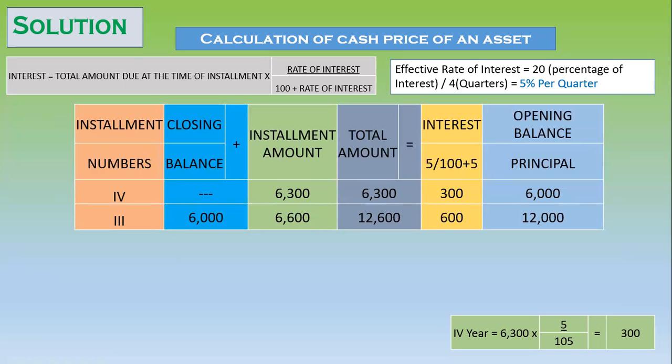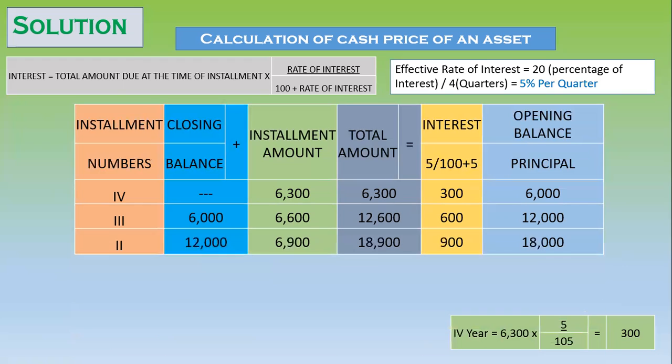Now for the third quarter, the closing balance is 6,000 and the installment paid is 6,600, so the total will be 12,600. For the interest of the third quarter, 12,600 into 5 divided by 105, you get 600. Now subtract the interest: 12,600 minus 600 gives 12,000. This 12,000 will be the closing balance of the second quarter.